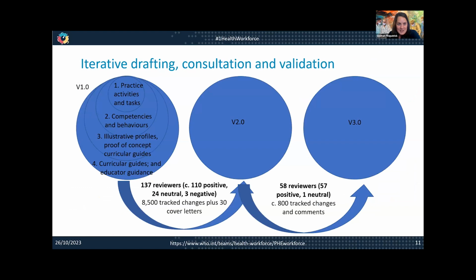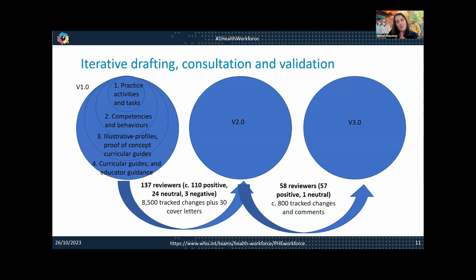So there was an iterative process. Obviously, we started small, looking at the scope. What are the practice activities towards the EPHFs? And then with each iterative draft, we were able to validate and update based on feedback through the different consultations, and expand iteratively. So the technical advisory group was very closely involved in conceptualizing and organizing the content, overseeing the research team.